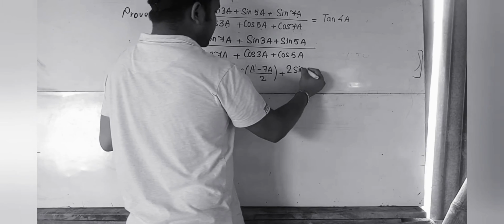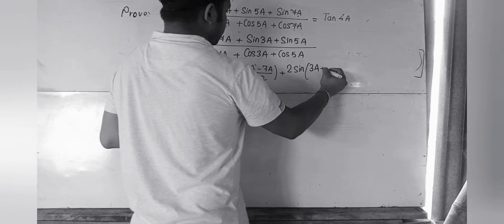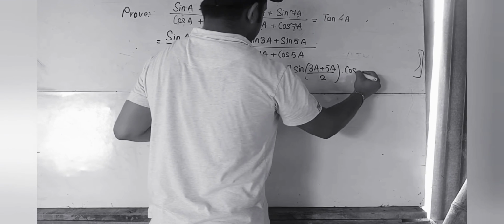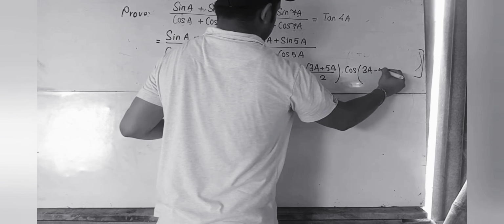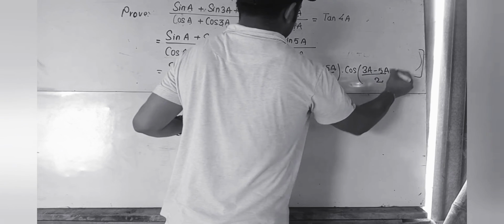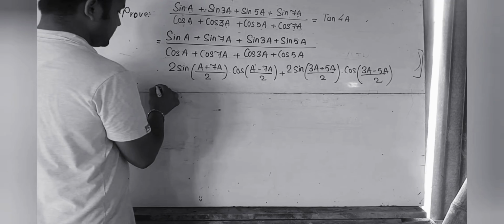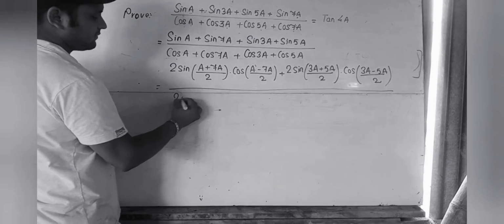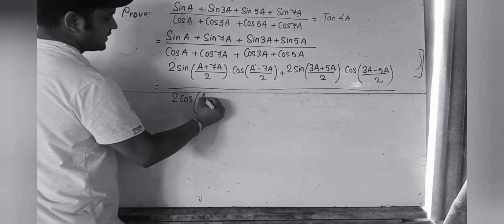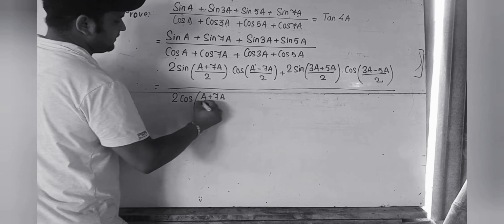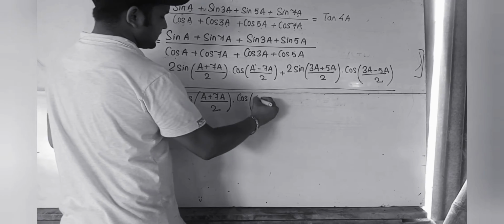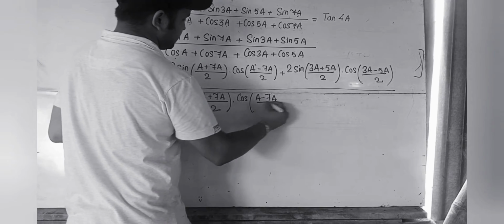Now in the denominator, for cos c plus cos d, you can use the formula 2 cos c plus d by 2 dot cos c minus d by 2.